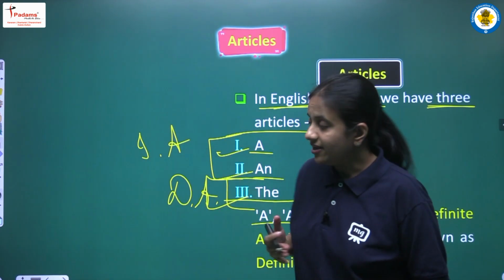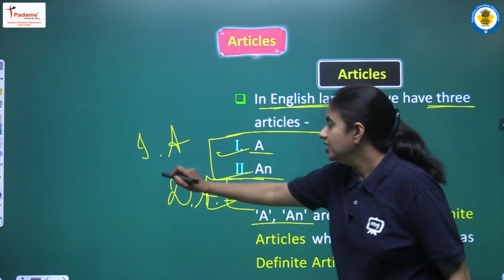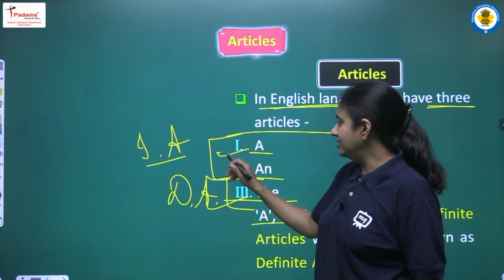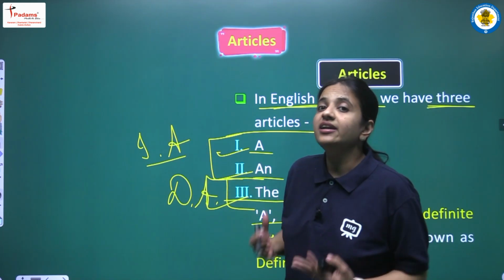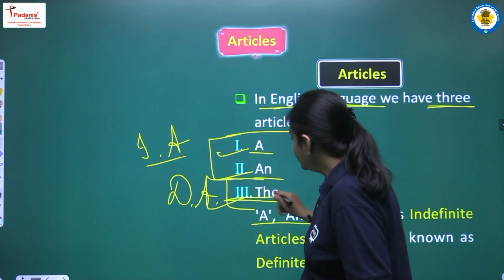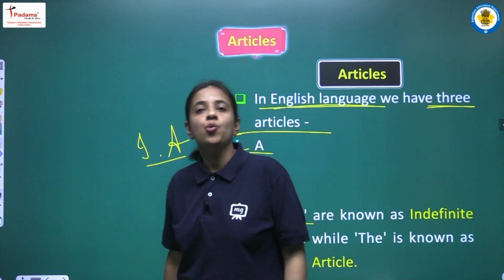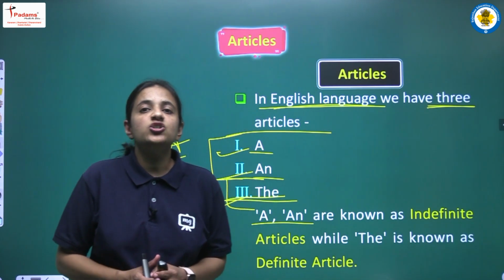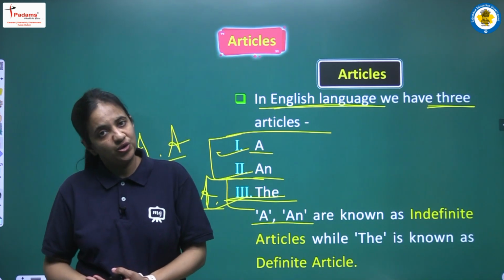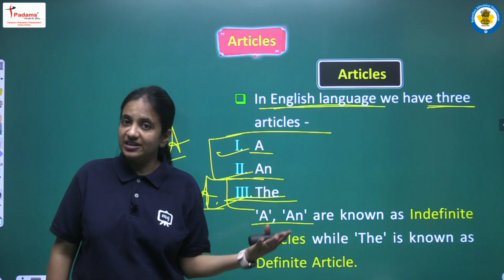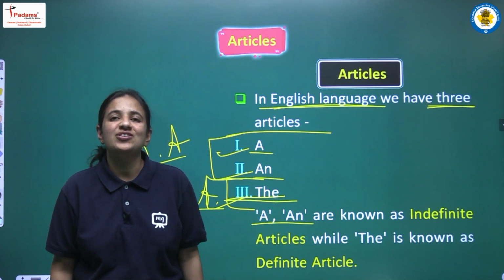Why, we will discuss further also. In this category, we have 2 indefinite articles, a or an, and the is the definite article. Why? Because the is used to define some object, to define some noun. And a or an are very general articles, and this is the reason they are also known as indefinite articles.